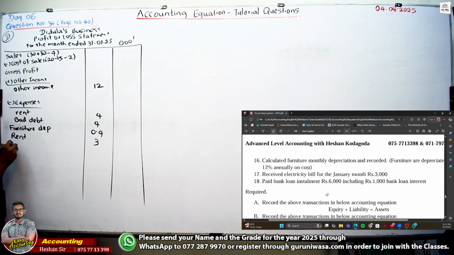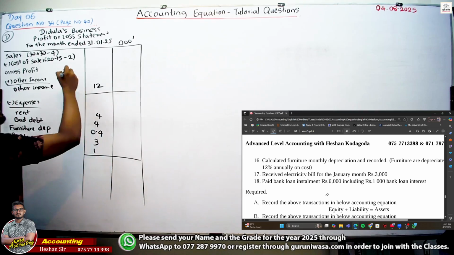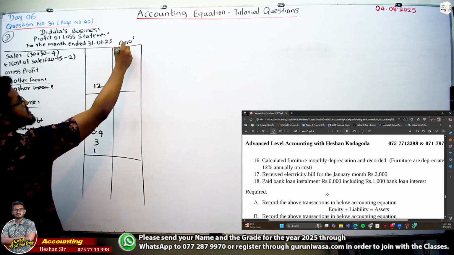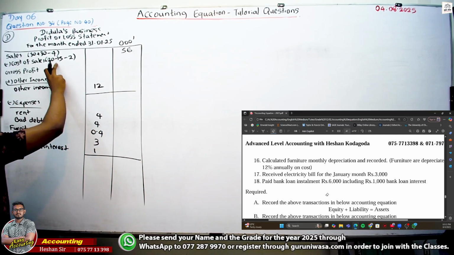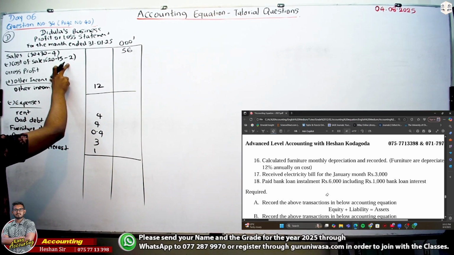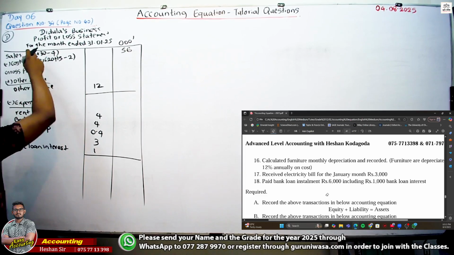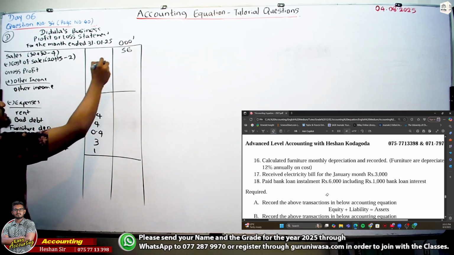So in here, bank loan interest expense 1,000 we take. Just all the things. Can you tell me in here? 60 minus 4 means 56. In here, 20 minus 20 plus 15, 35, because we are not deducting. 35 minus 2 means 33.